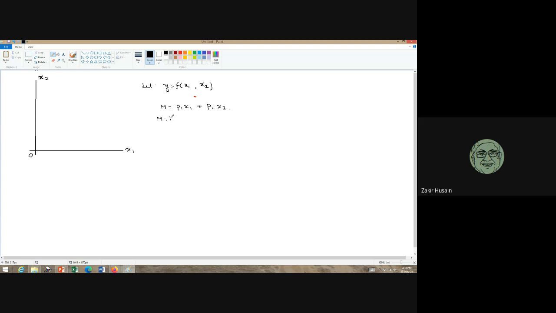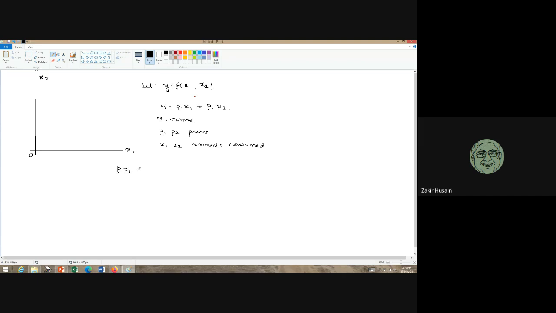Let us see, M is income. P1 and P2 are prices, and X1, X2 are the amounts consumed. So what is the meaning of P1 into X1?